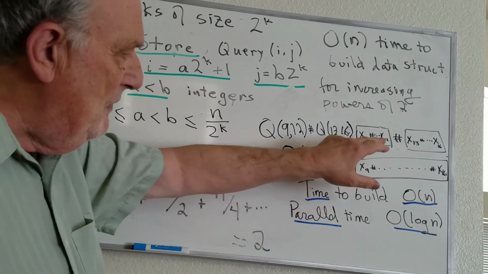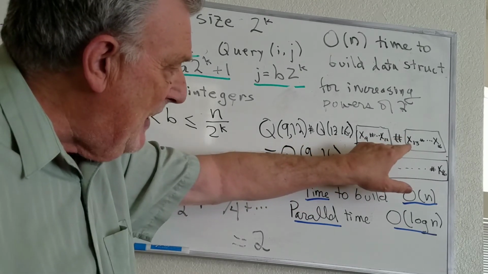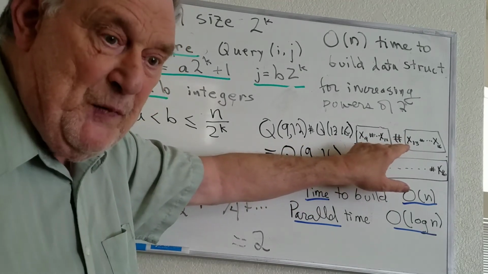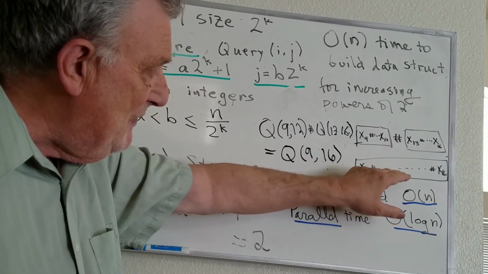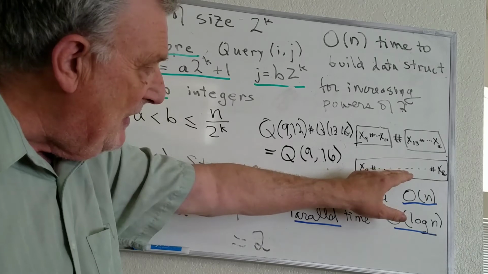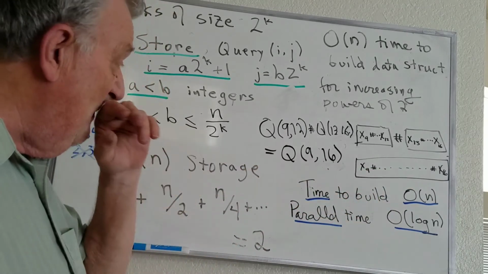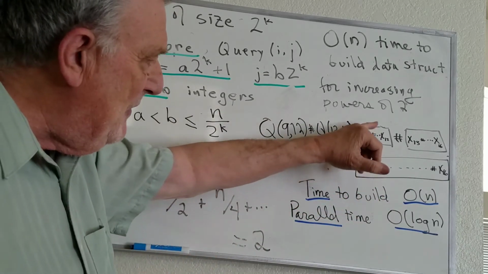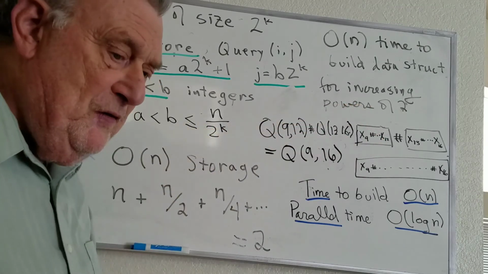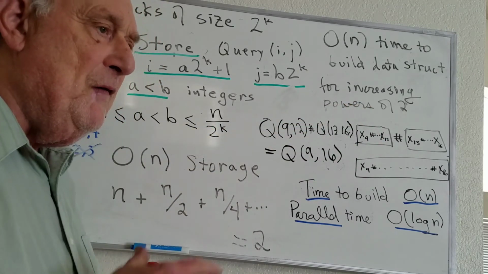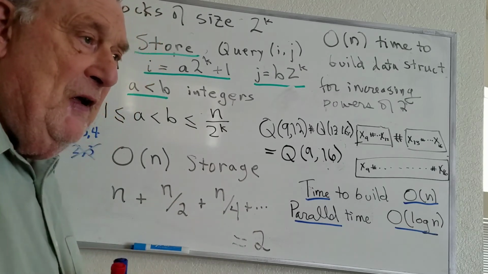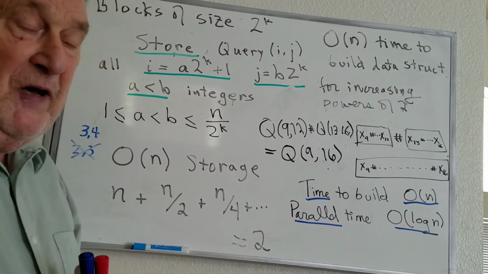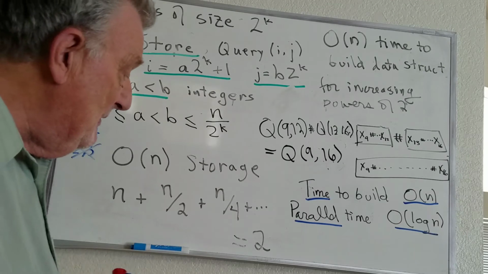And so, when I take these values and add them, or whatever this operator is, could be multiply or something else, I get the value for the block of size 8. And since the 8s depend on the 4s and the 4s depend on the 2s, I can do them in that order. First the 1s, then the 2s, 4s, 8s, 16s, and so forth. And after log n steps, I'm done creating these blocks.